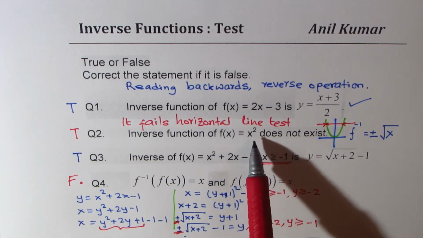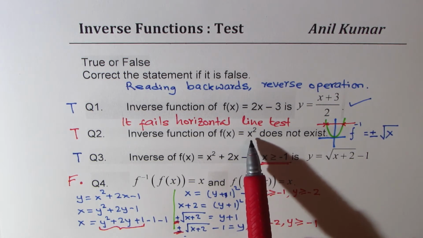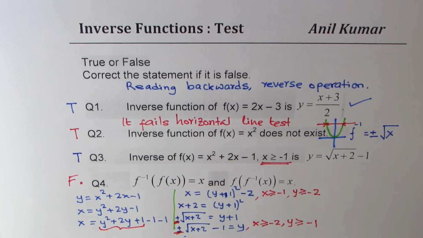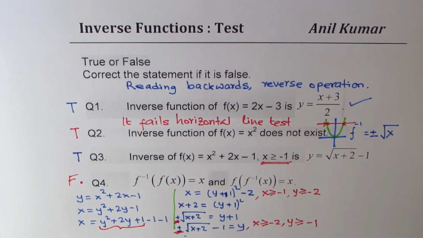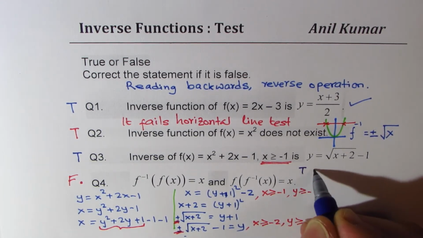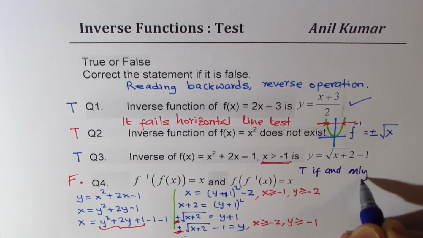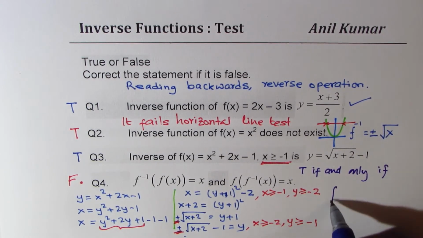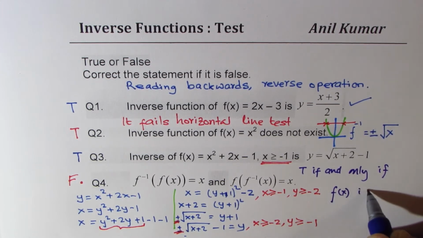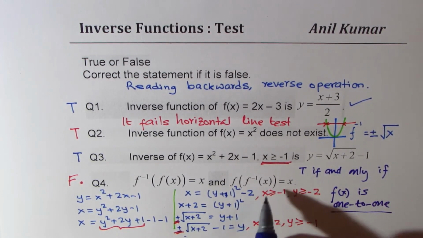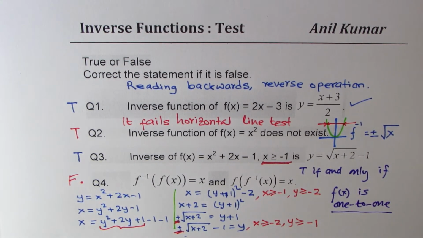As you saw here, we could find the inverse only if domain was restricted. So the condition here is, it is true if and only if the function f of x is 1 to 1. Only then this statement is true. Correct? So that is how you're going to answer it.